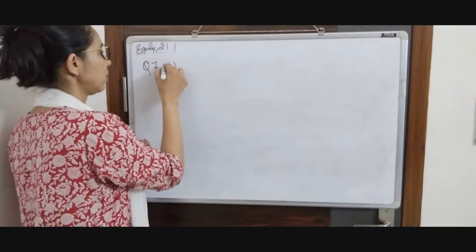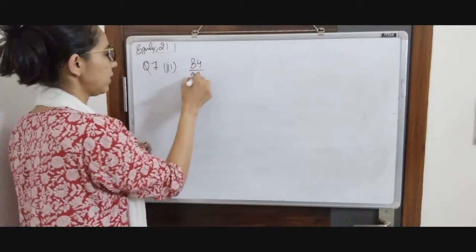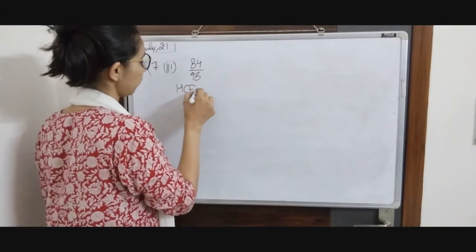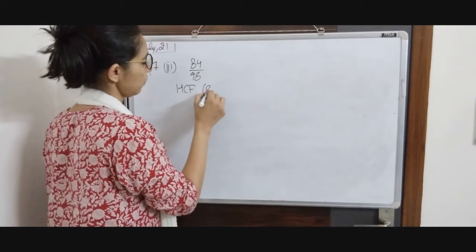Third one is 84 by 98. Okay, so first step is HCF of 84 and 98.